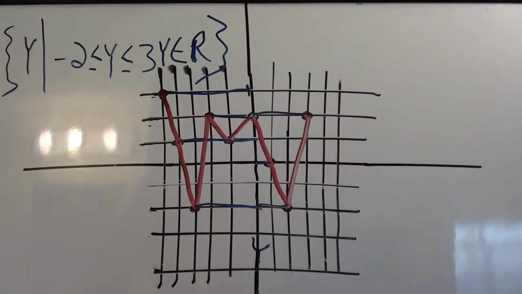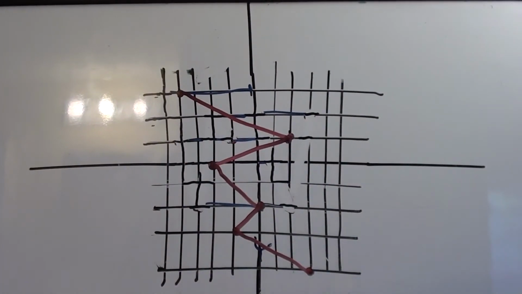Now one more thing I want to talk about. Alright guys, let's talk about when is a function a function. Okay? Now, a function is when there is one input for every one output. Only one. So let's do the vertical line test and see if this touches in two places.